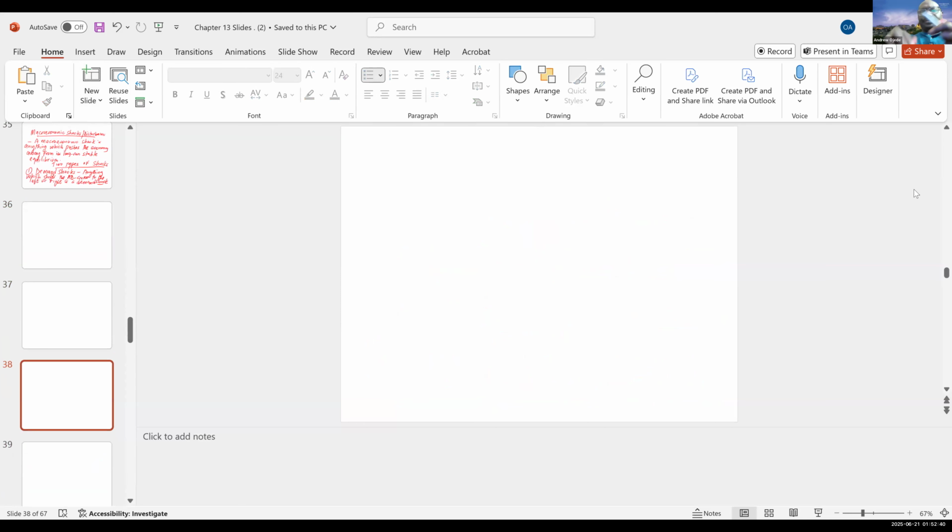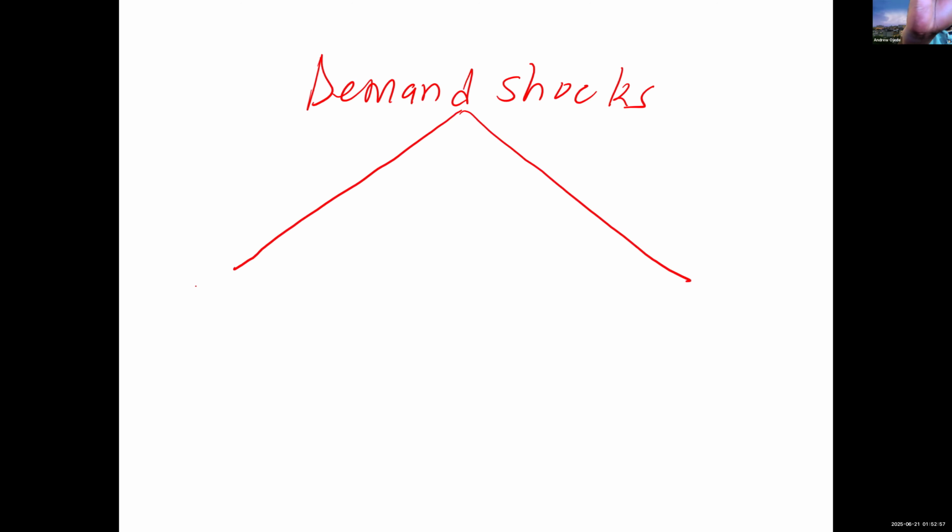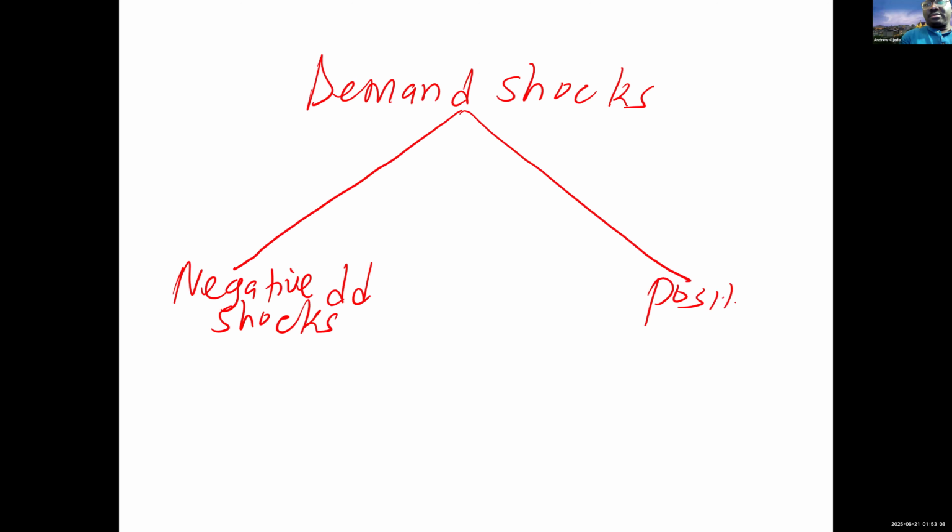Okay, so demand-driven shocks or demand-driven disturbances can be divided into two. Demand shocks can be subdivided into what we call negative demand shocks or positive demand shocks.